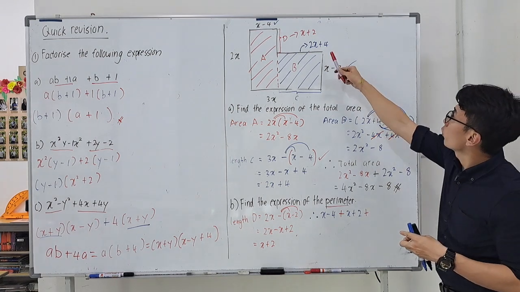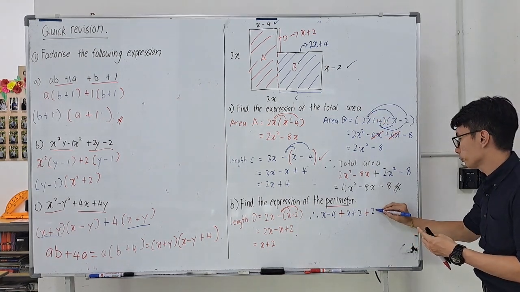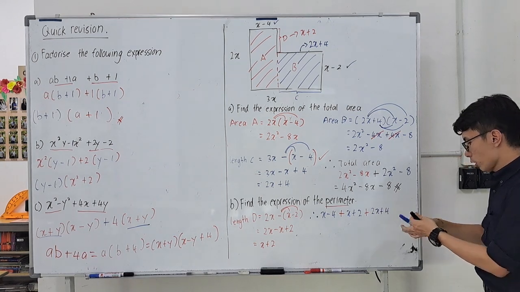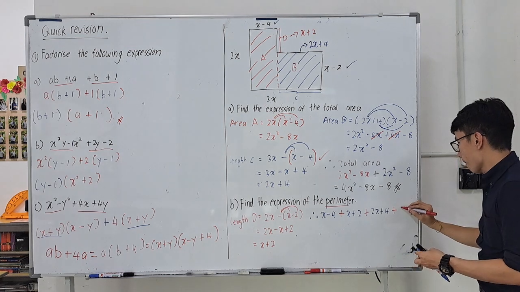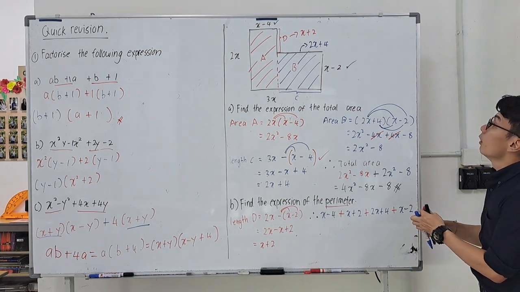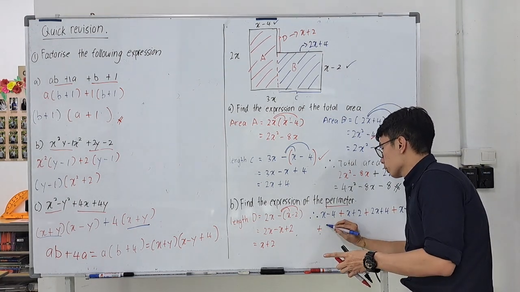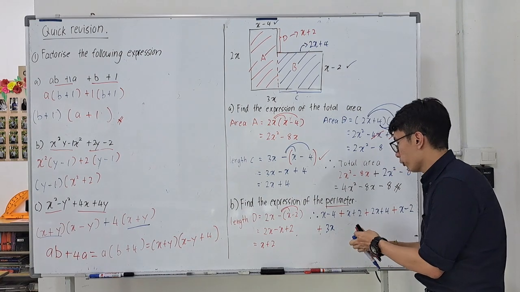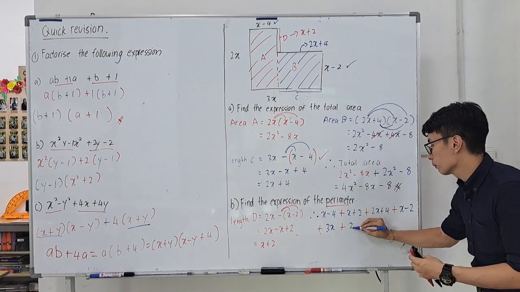So this is going to add with 2x plus 4. And this one is going to add with x minus 2. And this whole thing is going to add with 3x. And finally, this is going to add with 2x.